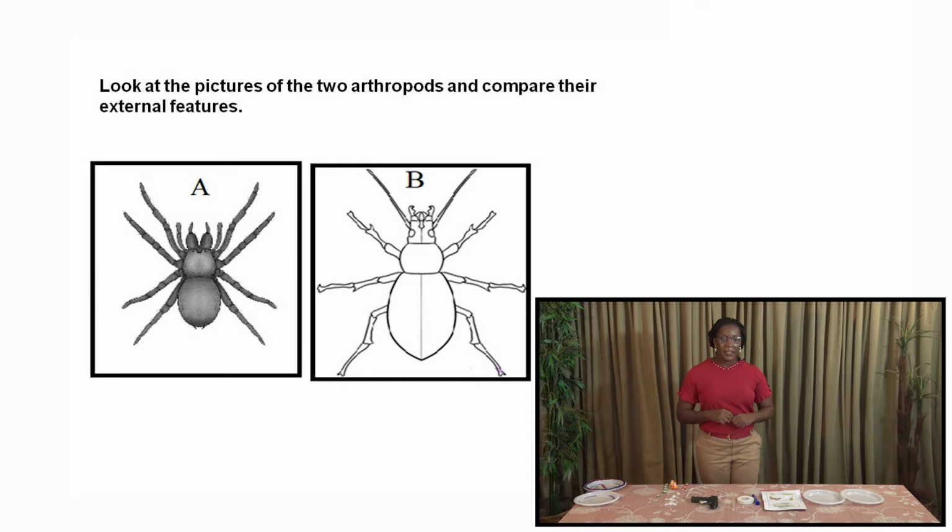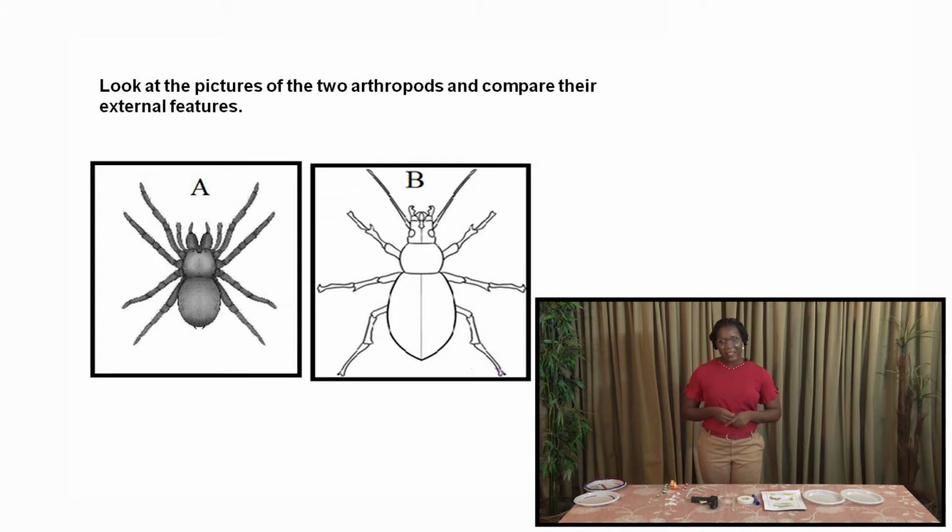How many legs does A have? Good. A has 8 legs. How many legs does B have? Good. B has 6 legs. The body of A is divided into something segments. How many segments?